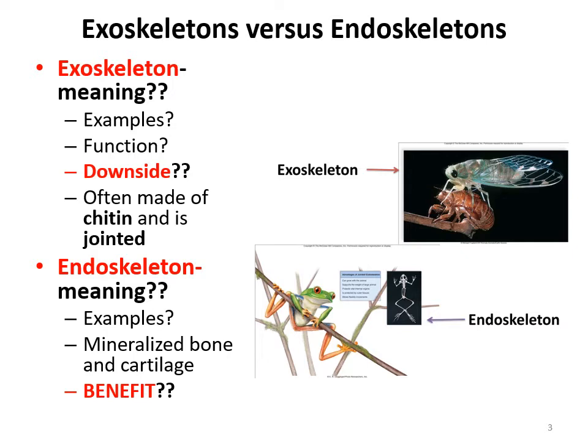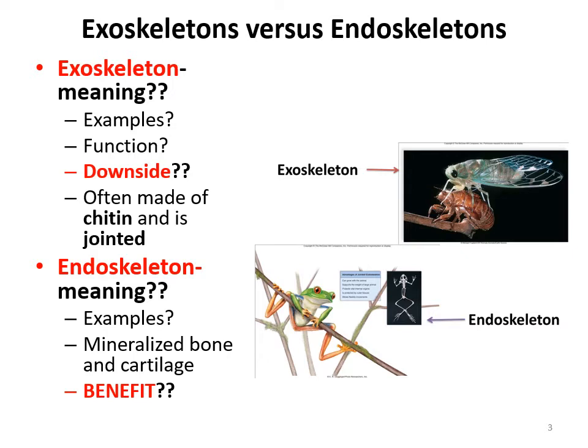But the downside with this kind of external skeleton is they can't just freely grow, right? Because they have this hard shell around them. So what do they have to do? They have to molt in order to grow. So that's the downside for them. They constantly have to shed their exoskeleton in order to grow and then reform it.